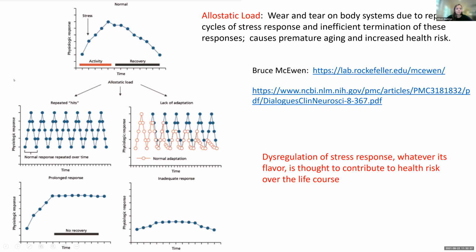Now, what allostatic load shows us, or what these 4 alternative scenarios show us, is that in the presence of allostatic load, that's not happening, that instead we have a different type of stress response that's happening that over time can influence our health. So, for example, in the repeated hits model, it's showing the normal stress response being hit again, again, and again. So lack of opportunity for sufficient recovery between these experiences of stress.